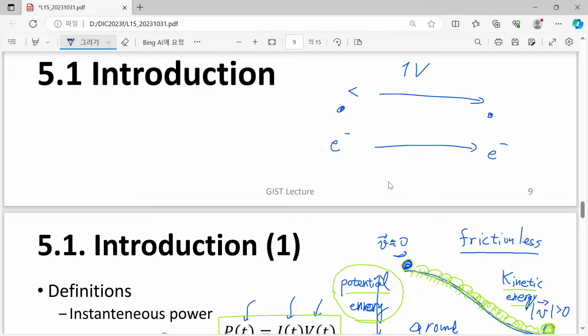When we just consider magnitude, the change of energy corresponds to 1 electron volt.